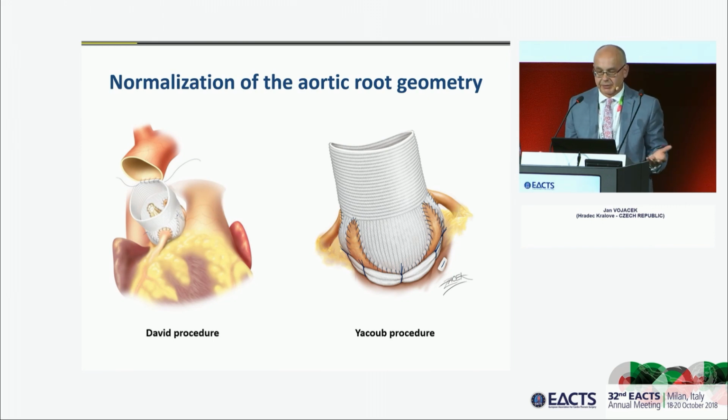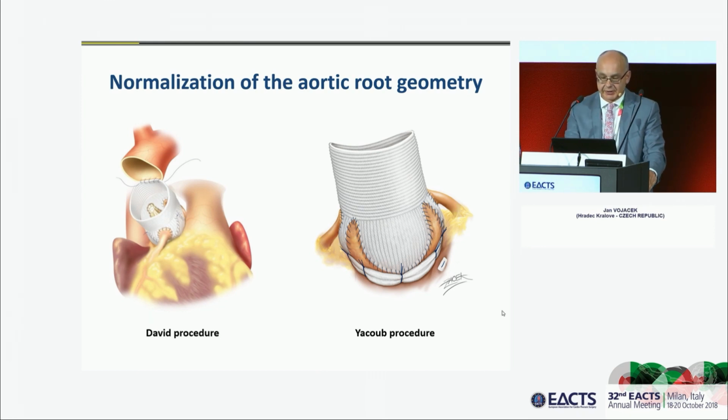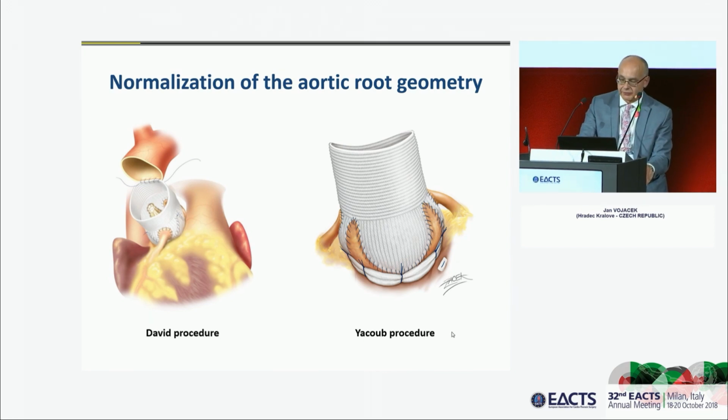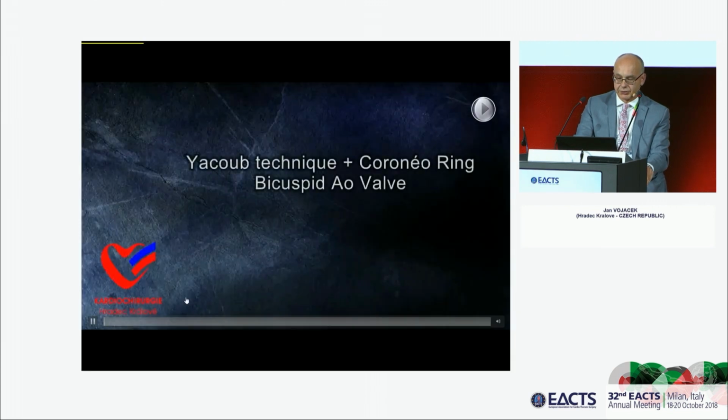According to me, those procedures are equals, and it's also a question of what you believe in. I believe that the Yacoub procedure is a nice procedure, so it is the procedure of choice at my institution, but always along with a precise extra-aortic annuloplasty using an expandable ring. So let me show you how we do this.